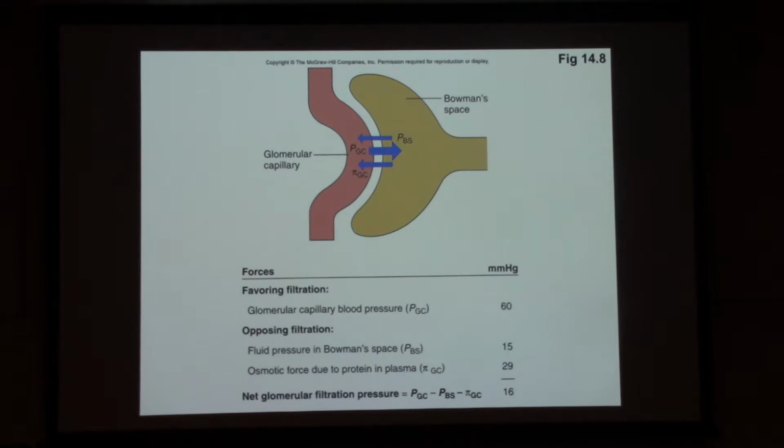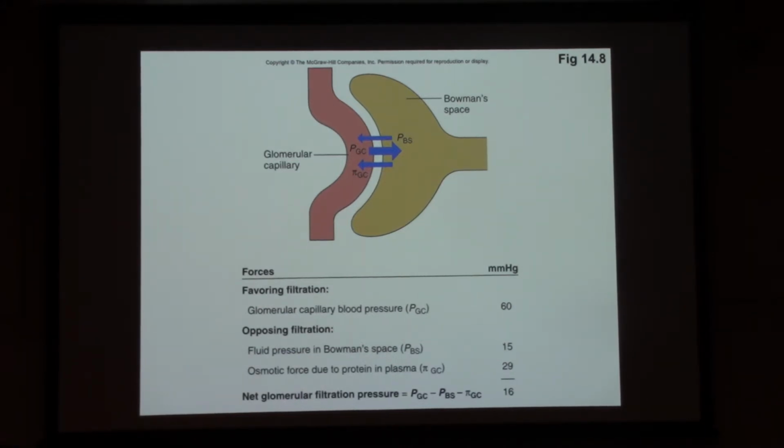My guess is that they estimated what the individual pressures are based on the total flows in and out, and sampled those fluids to get an idea of what the osmotic concentrations are. That's my guess. I don't know, because I don't know what the methods were.